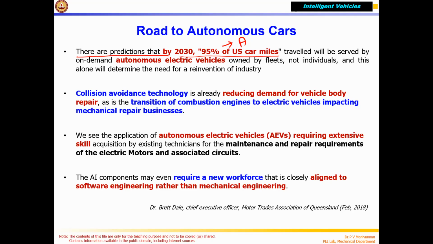Out of that, 950 crore road miles will be done by autonomous car. That means what they want to say is the majority of cars will be autonomous cars. That's what they want to say by 2030. And again, it will be electric vehicles, not IC engine. You know that IC engines are highly polluting, correct? Global warming, all those things.